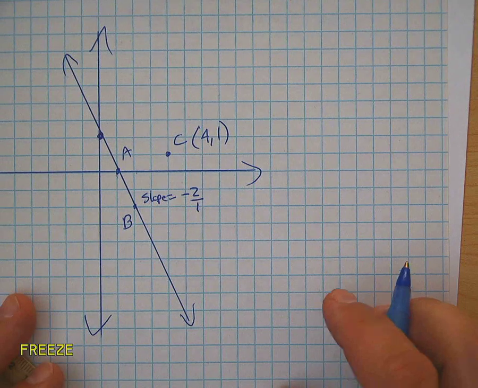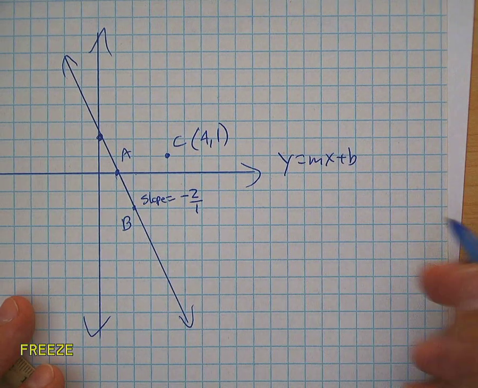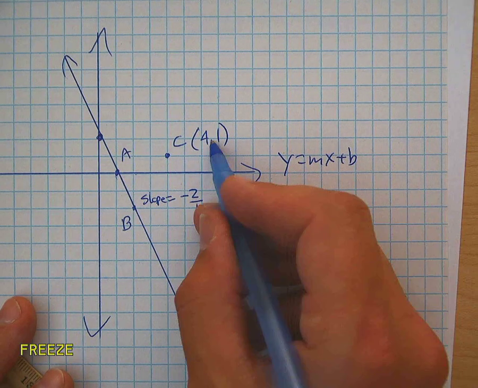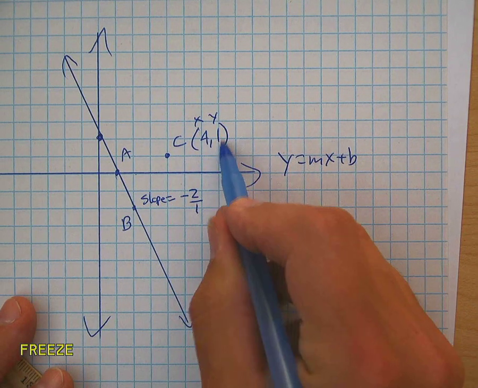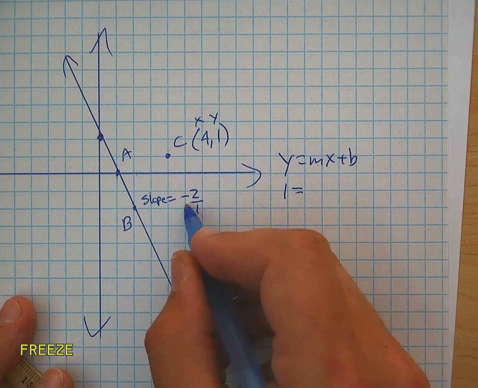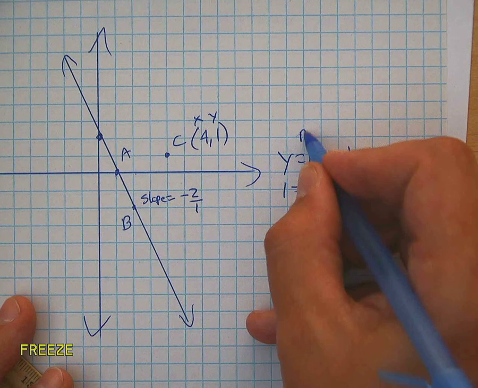So to start this off, I'm going to use y equals mx plus b. I'm going to put in the coordinates of my new point. So this is my x, this is my y. I put a 1 in here for y. My slope is negative 2. It's going to be the same slope because it's parallel.